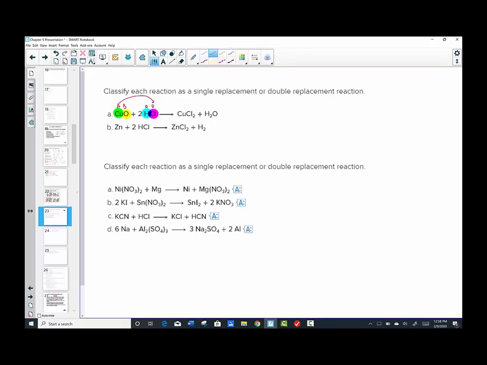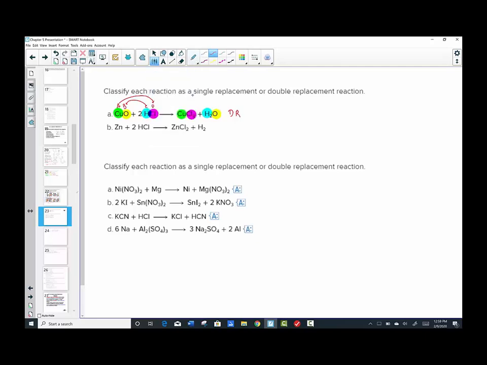A went with D, C went with B. And so notice our color code, copper is now with chloride. They have a new last name. Hydrogen is now with oxygen. They have a new last name. This is a double replacement. Two compounds have exchanged positive ions.